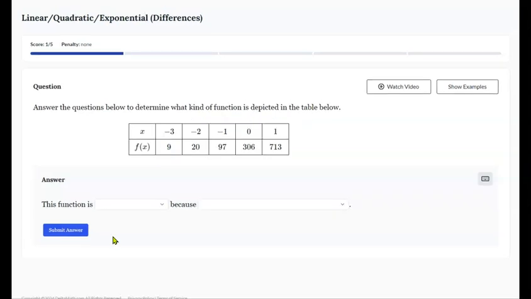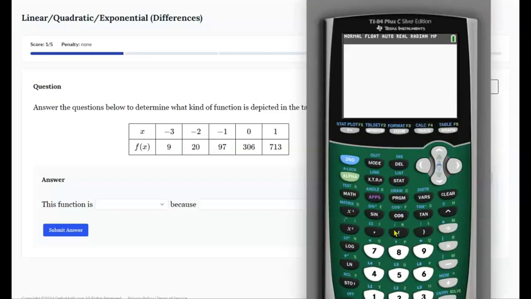All right, I'm going to open my calculator here. And how I'm going to calculate to see if I have a common ratio is to go to the second value and divide it by the first. So I'm going to type here 20 divided by 9 and see what value I get. 2.22222. And then I'm going to do it again, moving down the table.